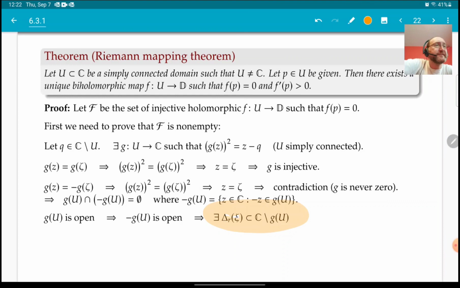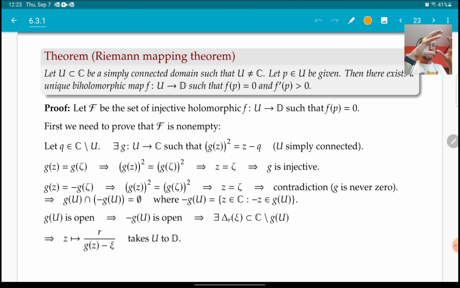So there exists some disk inside the complement of g of U, because minus g of U is not in g of U, and minus g of U is open.